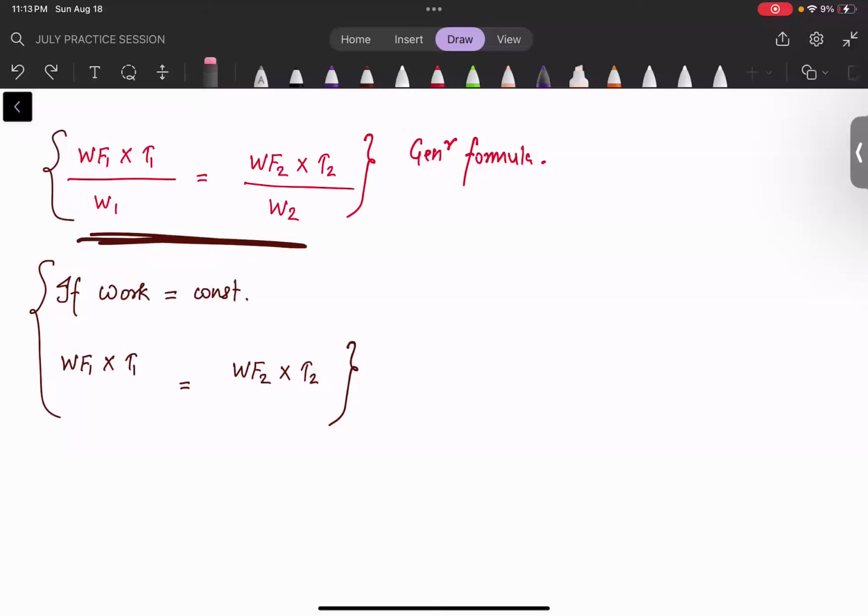But in one question, you will see one type of workforce. Either it is men, or just women, or just children, or just boys, but one type of workforce. Okay, so let's see the question. Just wait for a while.